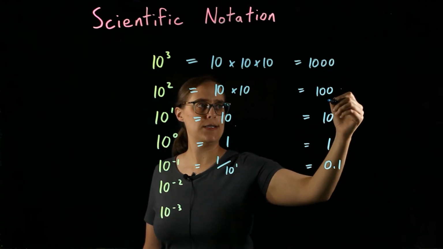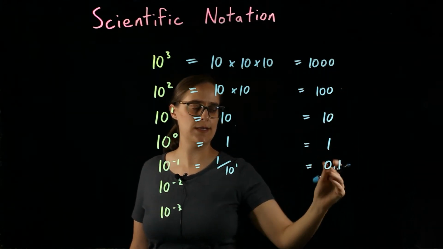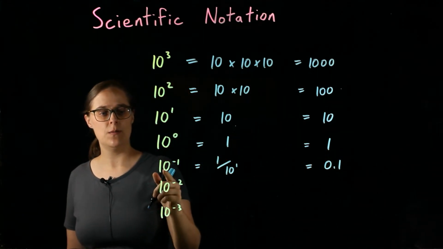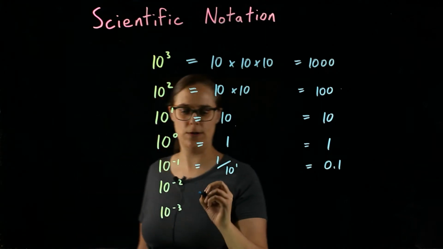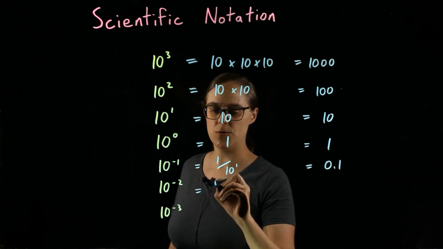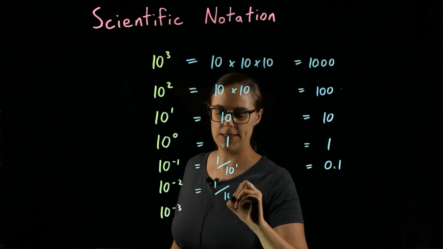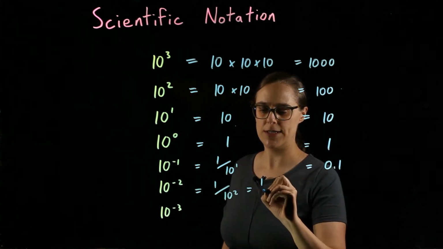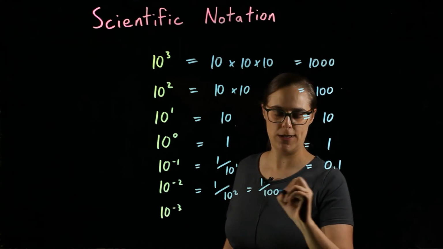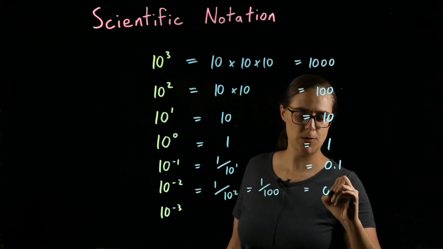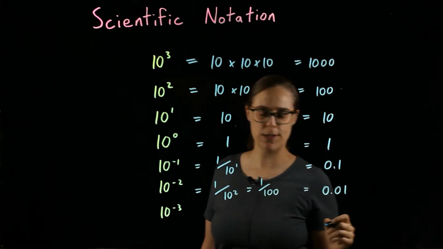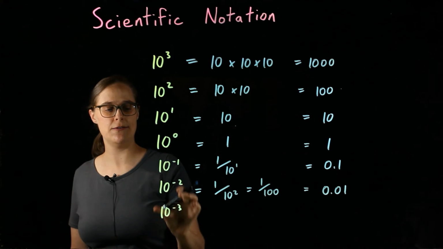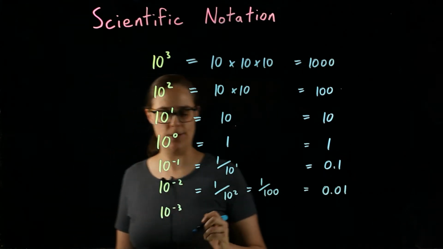Each time, the decimal point is moving 1 place to the left. That is continuing when we get into negative exponents. 10 to the minus 2 power is equal to 1 divided by 10 to the positive 2 power. In other words, equal to 1 divided by 100. So as a decimal, this is 0.01. Again, we move the decimal point 1 more place to the left. This trend is going to continue indefinitely.